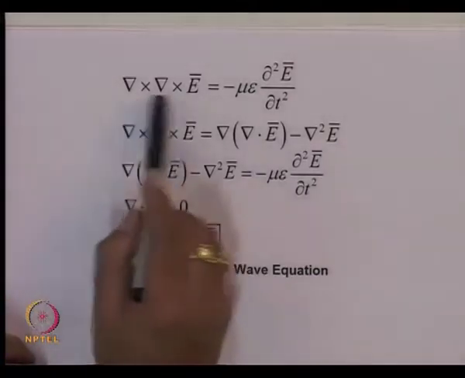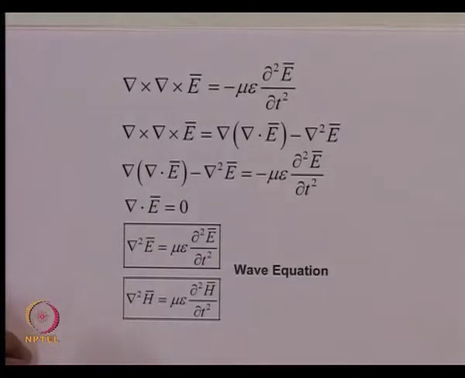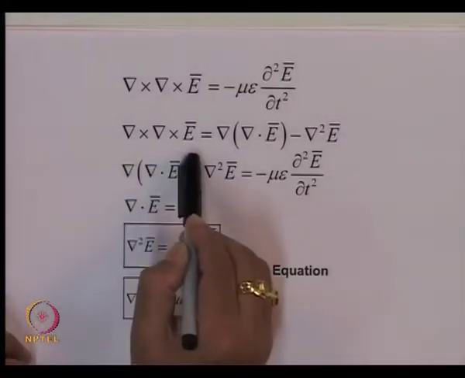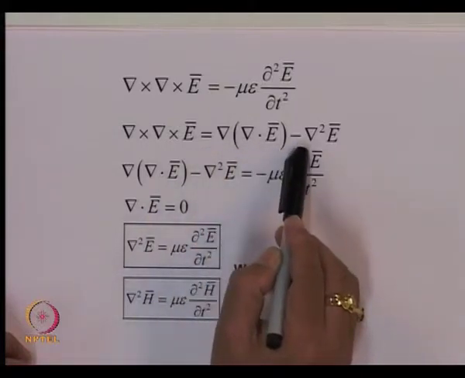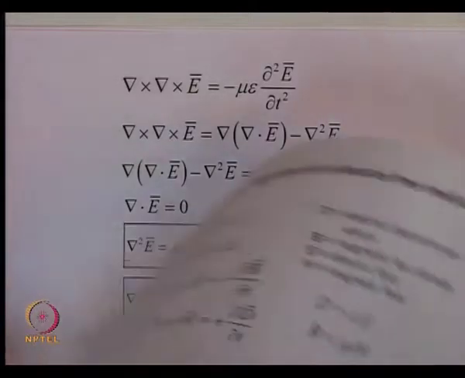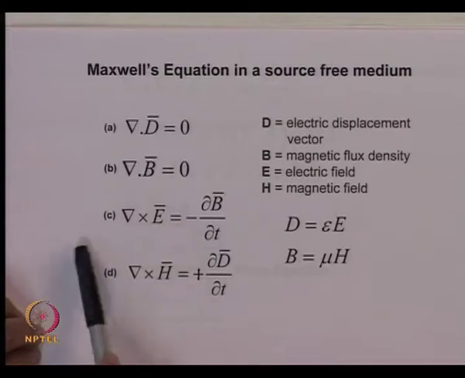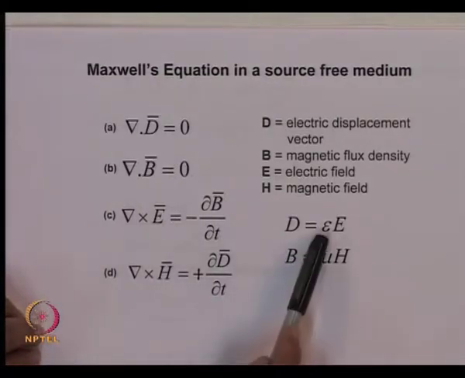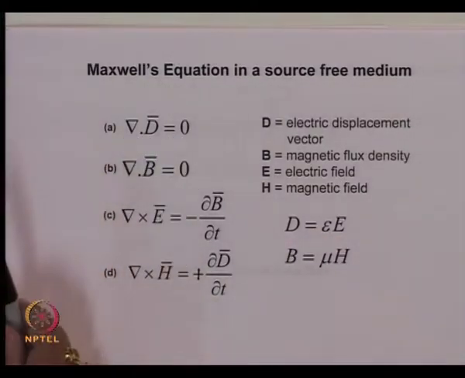Now we can expand this quantity del cross del cross E by using the vector identity, which says that del cross del cross E is equal to del of del dot E minus del square E. Then using Gauss's law, which says del dot D is equal to 0, and since D is epsilon times E, and epsilon is not a function of space, we can take epsilon out, and you get from this equation del dot E equal to 0.